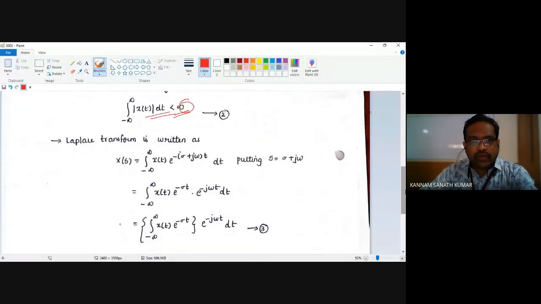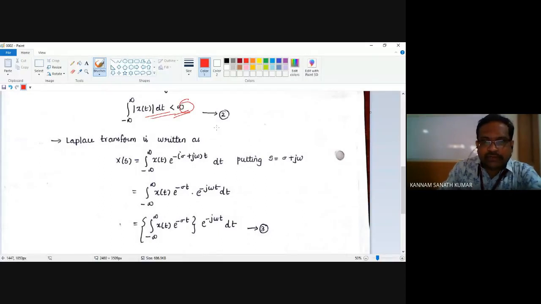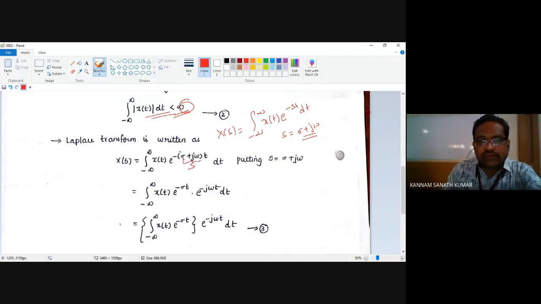Now, what is the Laplace transform? X of s equal to integration from minus infinity to infinity of x of t e power minus st dt. What is s? s equal to sigma plus j omega. Substituting that, x of s equal to integration of x of t e power minus (sigma plus j omega) t.